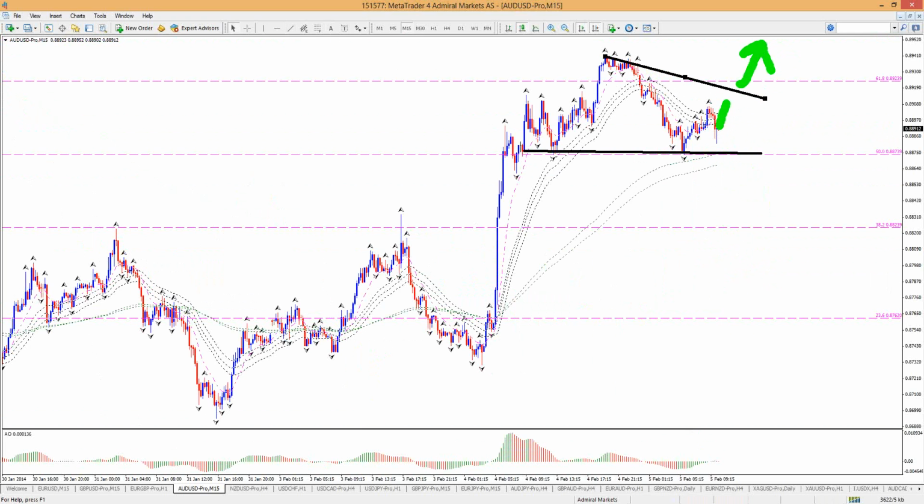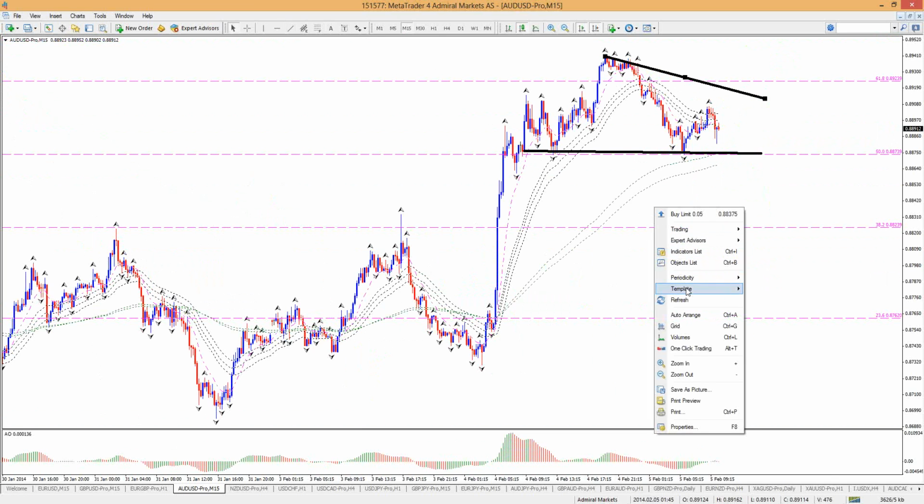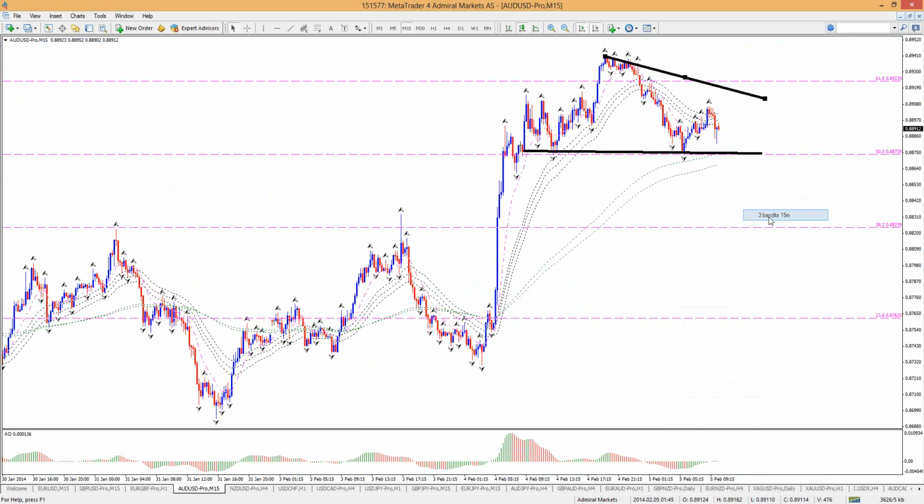We'll probably see one more spike up, pause, and then break. Let me use a different template. One second.